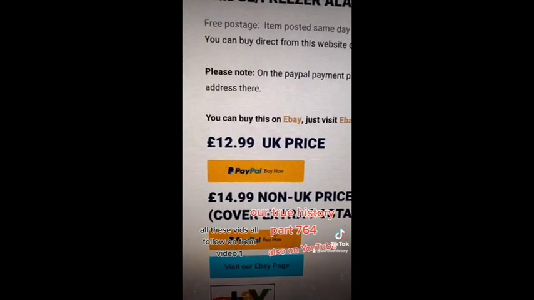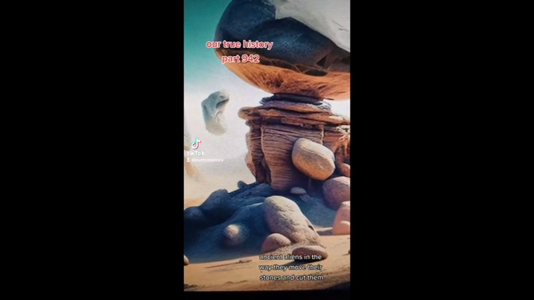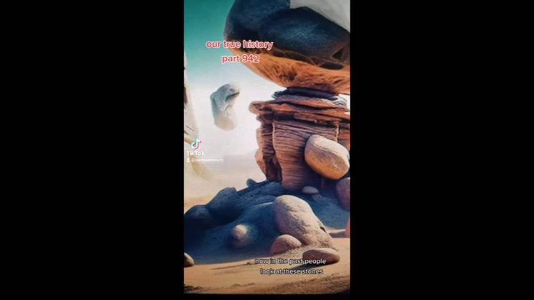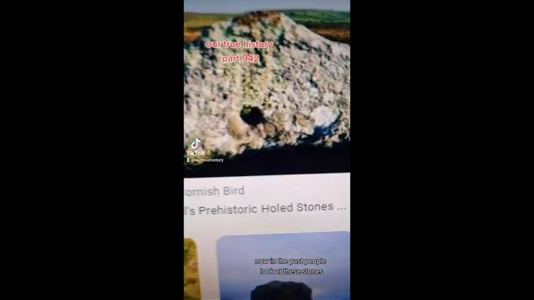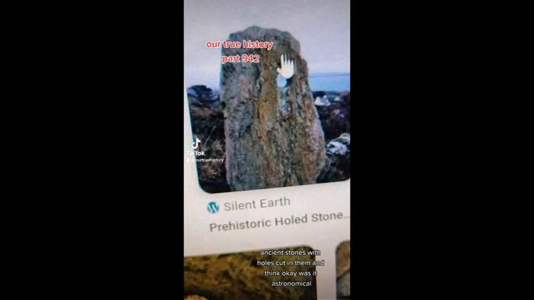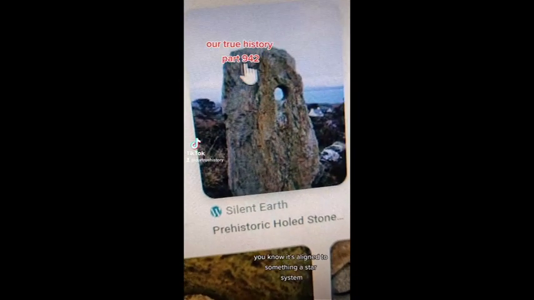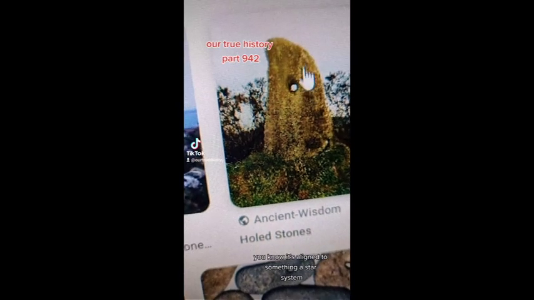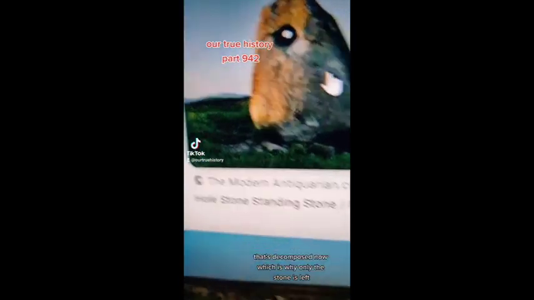They send to ancient aliens and the way they move their stones and cut them. Now, in the past, people look at these ancient stones with holes cut in them and think, okay, was it astronomical? Is it aligned to something, a star system, or was there a power wire going through that's decomposed now, which is why only the stone is left?